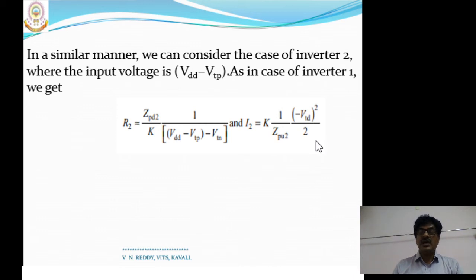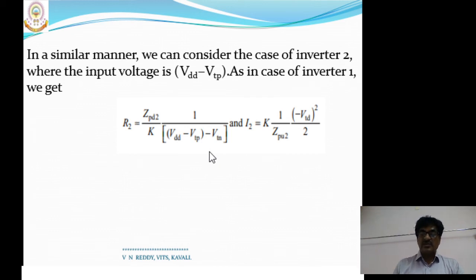The way R1 and I1 are represented, similarly here R2 and I2 are represented, but the difference is that there the input is VDD, whereas here the input is VDD minus VTP.